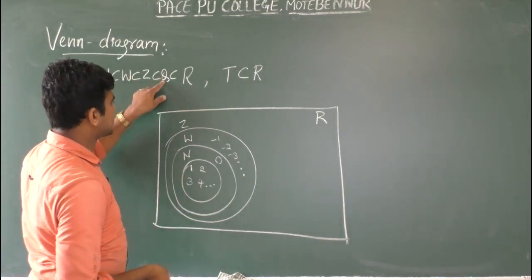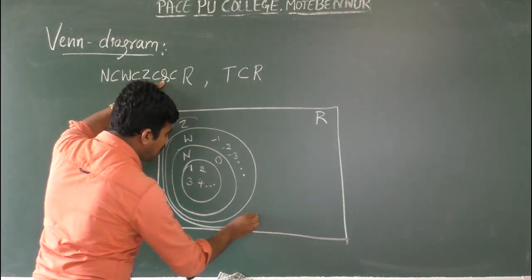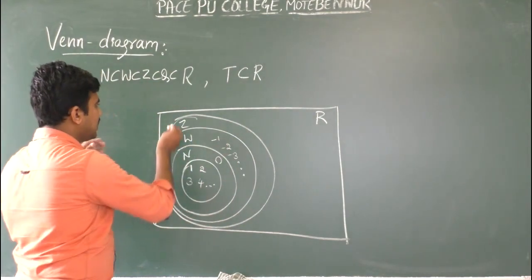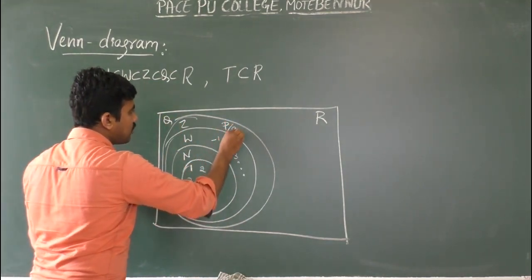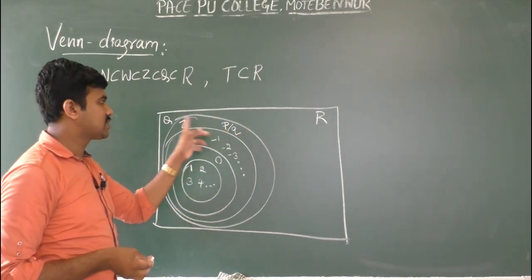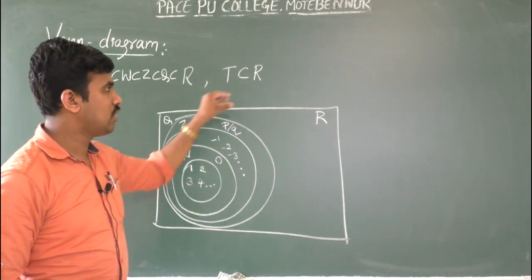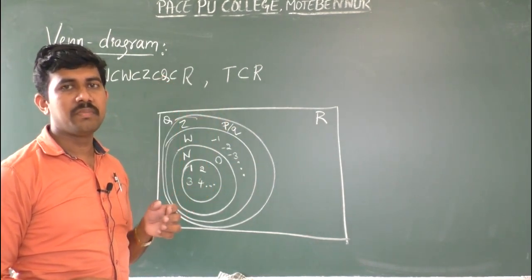Similarly, the next biggest set is what? A rational number, which includes all the numbers which we considered here, and other than that, the numbers of the form p by q are also included in rational number. And these are all subsets of real number.